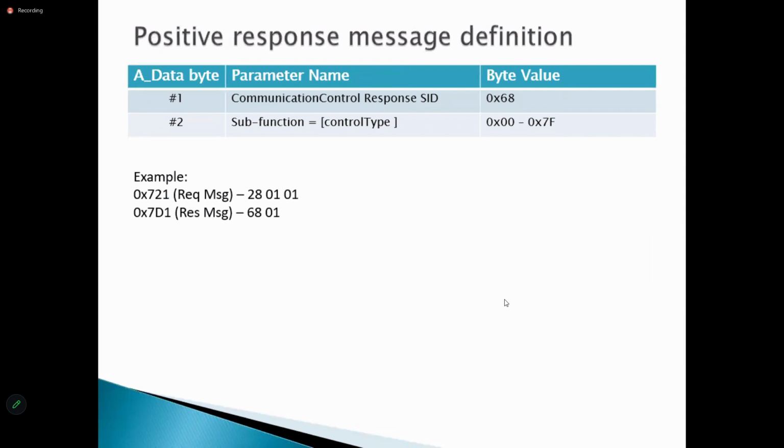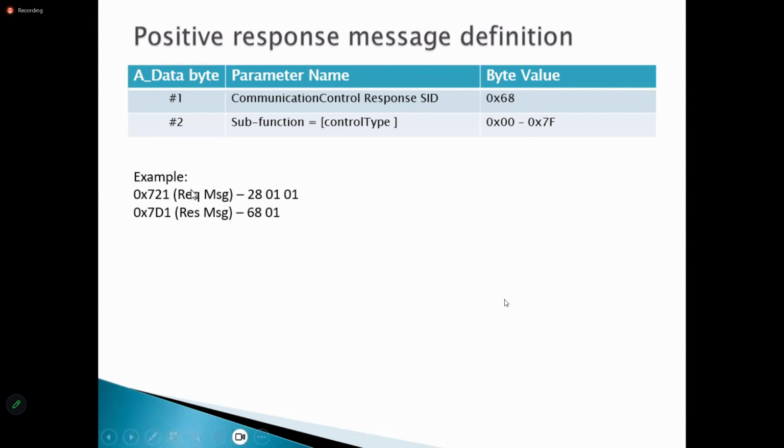Now the positive response will be of 2 bytes. First byte: for 28, what will be the positive response? We'll add 40, right? 68. Correct now? So the positive response first byte will be the communication control response service ID 68. And the second byte is the subfunction that was requested.